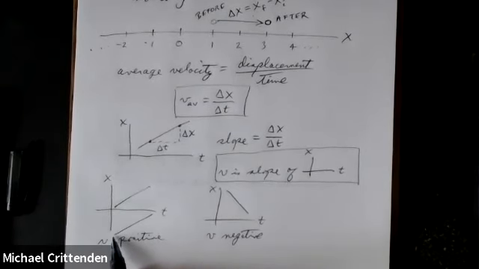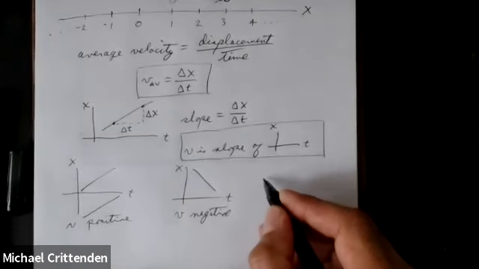Well, x is negative, but it's increasing: negative 4, negative 3, negative 2, negative 1, increasing in the sense of becoming less negative. And so x is negative, v is positive. The two things are independent of each other.